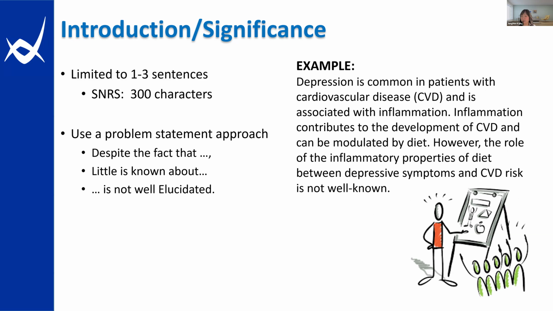And can be modulated by diet. So people will think, oh, maybe she's going to focus on diet. However, the role of the inflammatory properties of diet between depressive symptoms and CVD risk is not well known, right? So this is an example. I'm not saying you have to do it like this, but this is an example to help you think about how to present your work, okay?